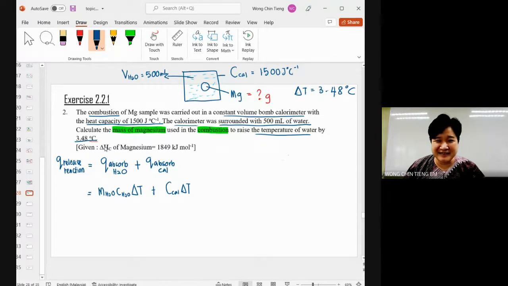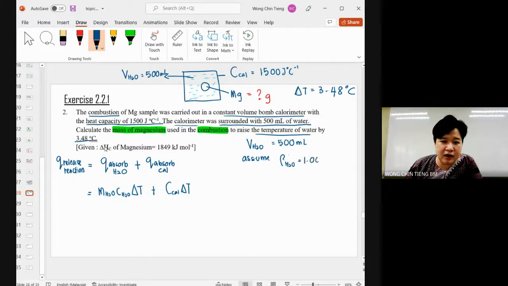Where we are? Oh, kenapa water adalah MC delta T? Dia bagi volume. Okay, dia bagi volume 500. What we are going to do is we are going to assume density of water is 1 gram per milliliter. Kalau dia bagi kita gunalah. Kalau dia tak bagi, kita akan assume density water 1 terus.